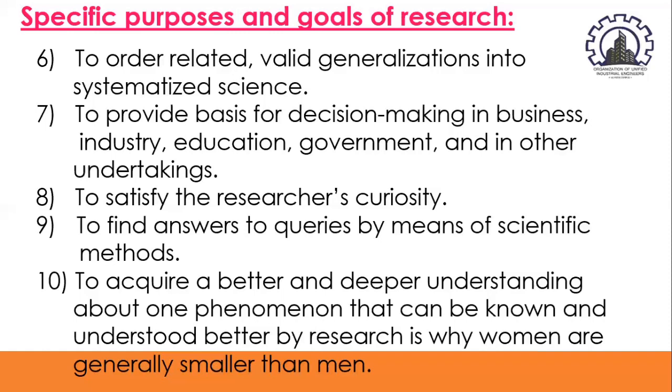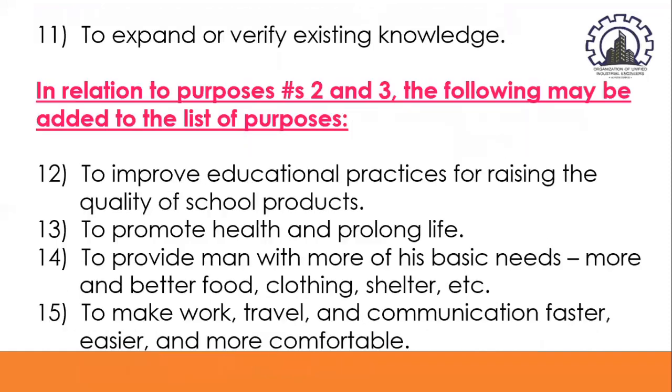Okay, so number 10, to acquire a better and deeper understanding about one phenomenon that can be known and understood better by research is why women are generally smaller than men. And number 11, to expand or verify existing knowledge. What do I mean by this?